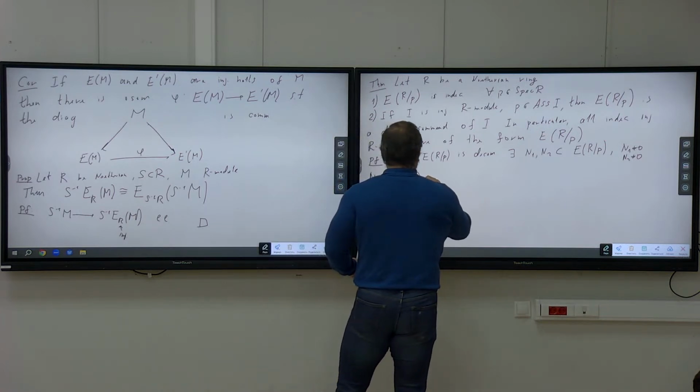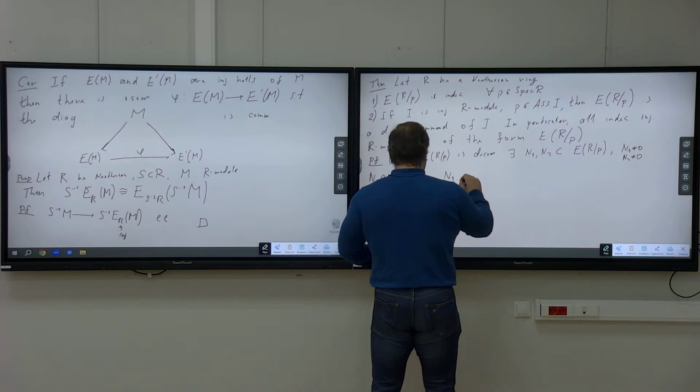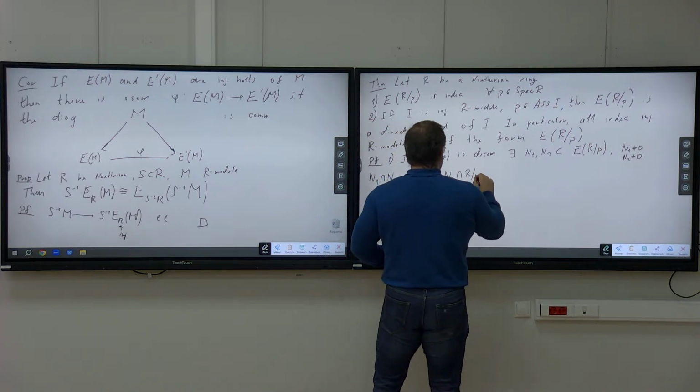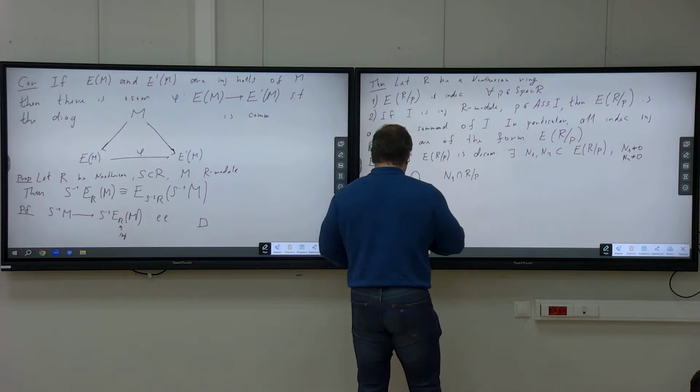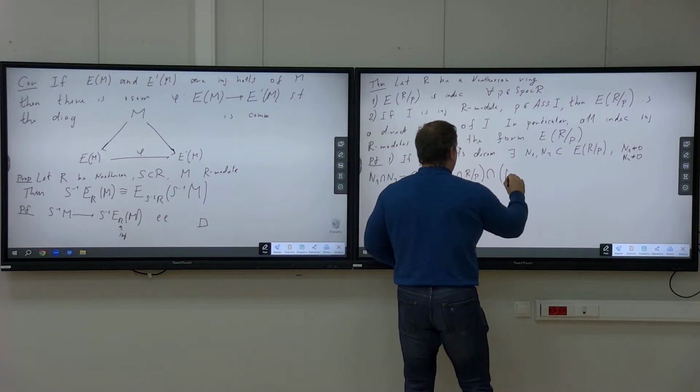Okay, so then we have the following observation. Let's take first the intersection of N1 and R modulo P, and intersect with the same thing but for N2.